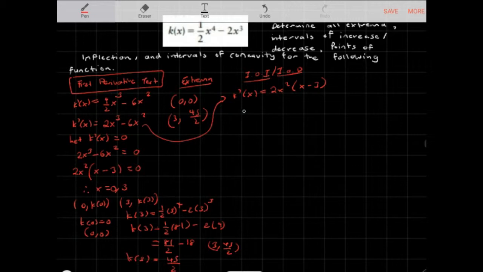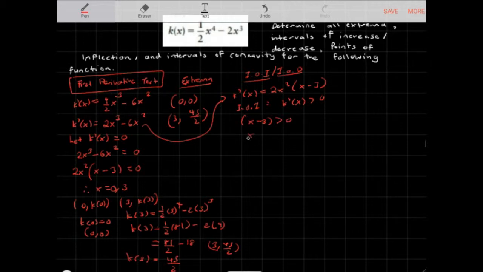You can notice that if you wanted to figure out the intervals of increase, the interval of increase occurs when the first derivative is greater than 0. Well, we can understand that the 2x squared here will always be positive. The only thing that will be different is the x minus 3, right? So when is x minus 3 going to be greater than 0?